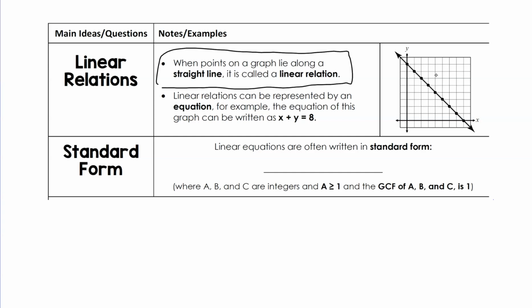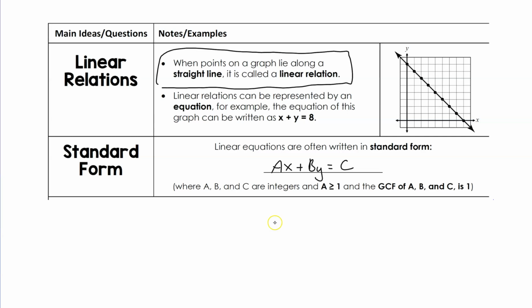So linear equations are often written in standard form. Standard form is ax plus by equals c, where a, b, and c are integers. So those are your coefficients and your constants. And a has to be greater than or equal to 1.